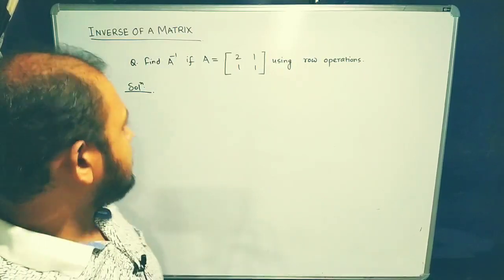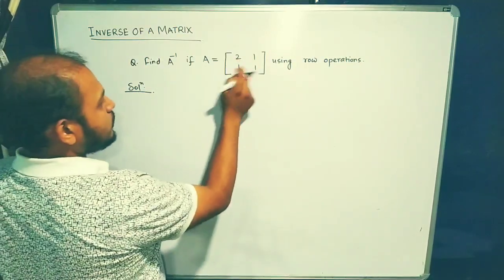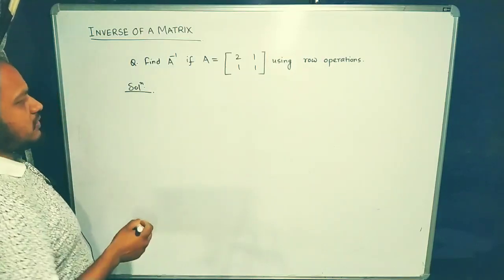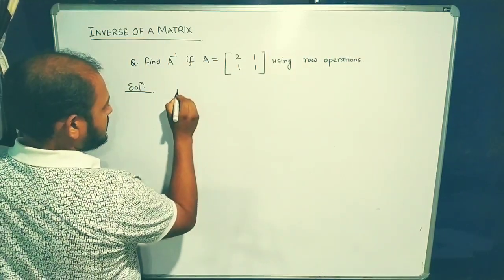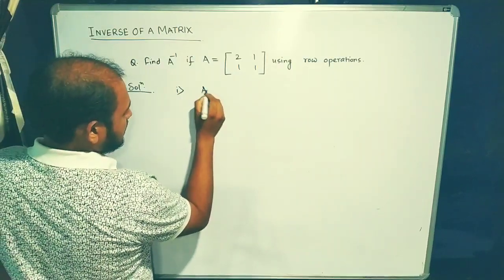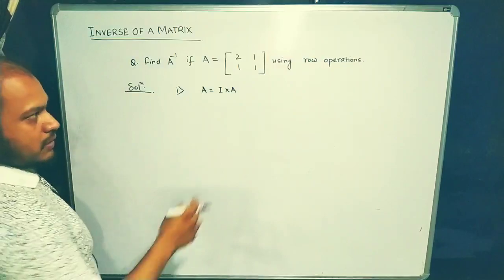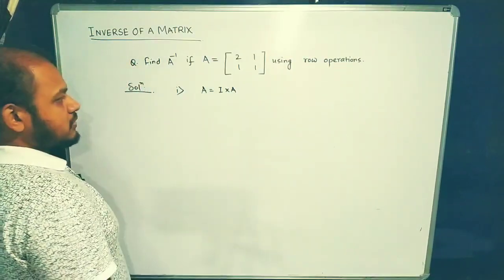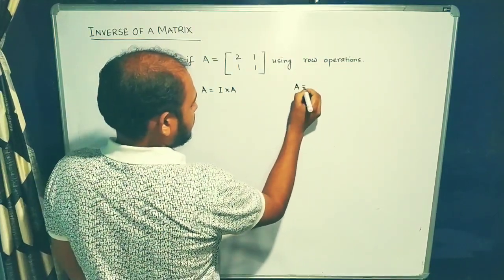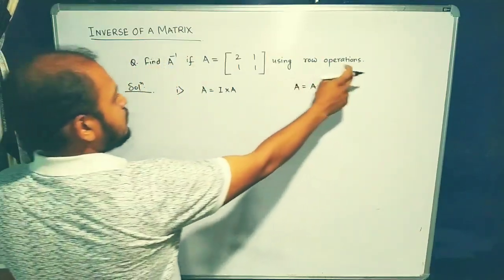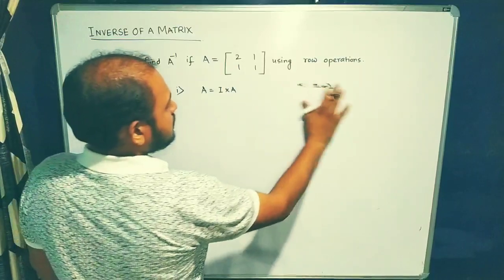So we have the matrix A is equal to 2 1 1 1. Now recall, in our previous class we have discussed what is the first step. The first step is to write this equation A is equal to I into A. If you are using row operations, for column operations you would write A is equal to A into I. So since you are using row operations, you will use this equation.